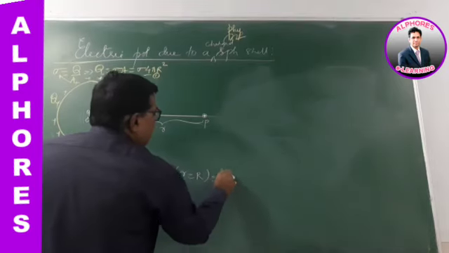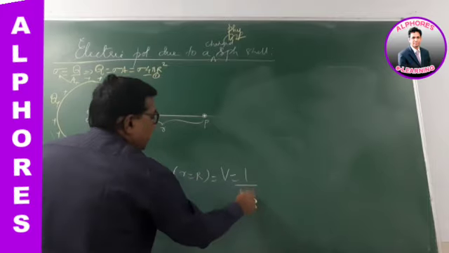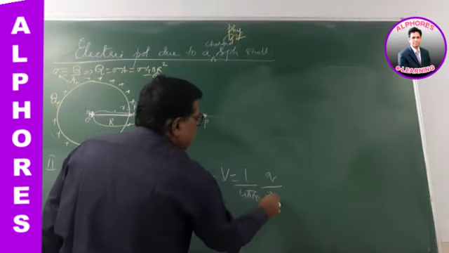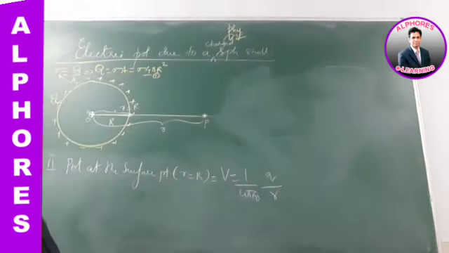Then we know the potential at any point for a point charge is 1 by 4 pi epsilon q by r.